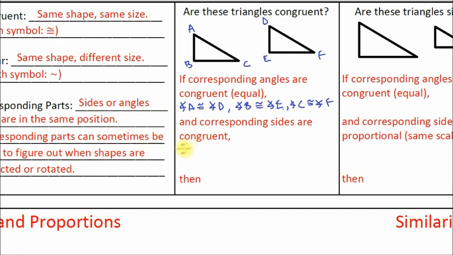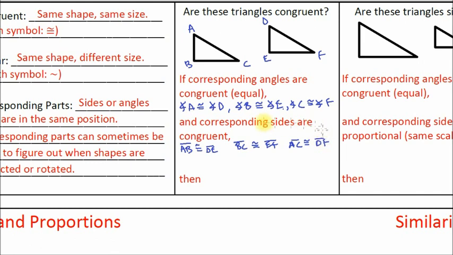And if we know the corresponding sides are congruent, so our corresponding sides, let's write that out. Side AB, line segment AB, is congruent to segment DE. And then segment BC is congruent to segment EF. And then segment AC is congruent to segment DF.